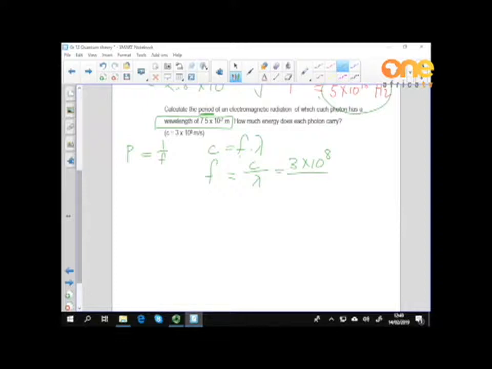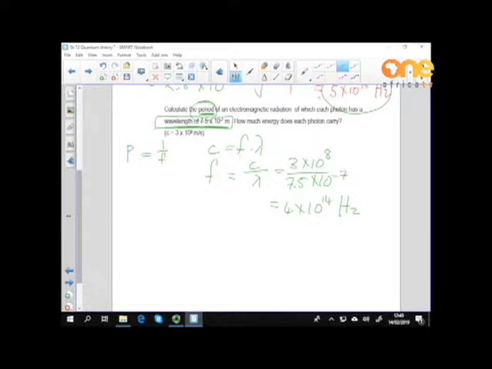It's wavelength. So we will have 7.5 times 10 to the power minus 7. And this should give you an answer of 4 times 10 to the power 14 hertz. Now we've got frequency. They want to know what is the period.